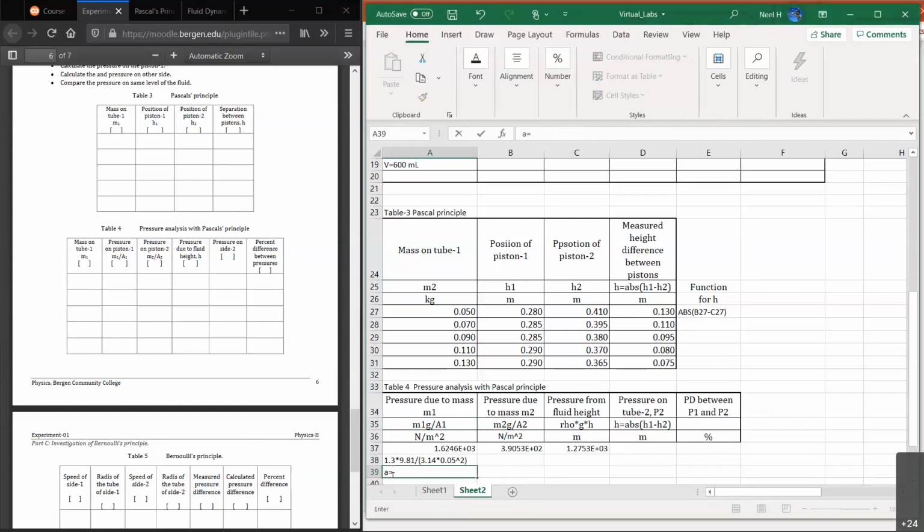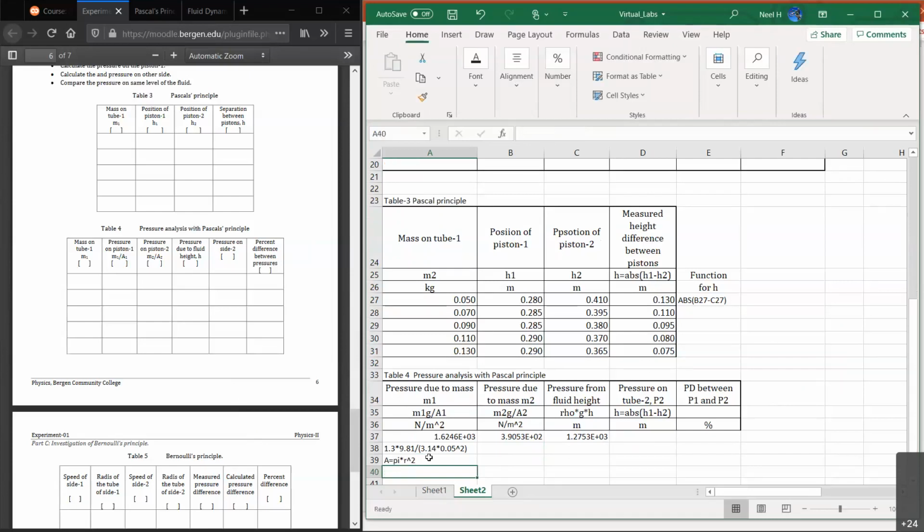This large A is pi r squared. A means pi times r to the power 2. Okay.